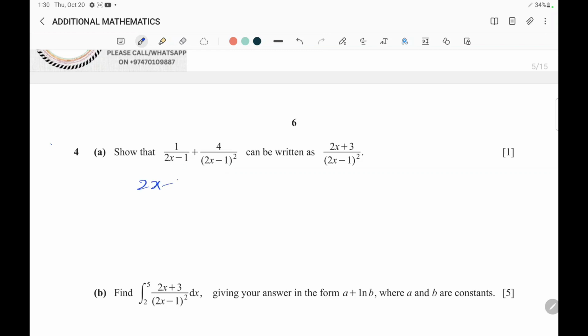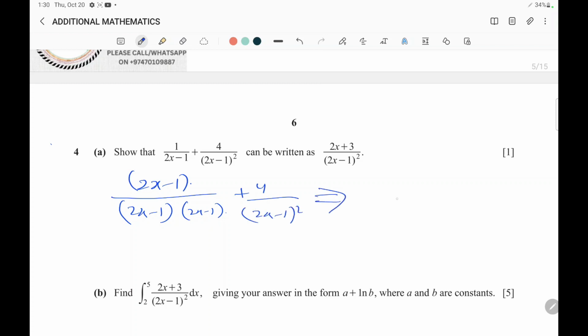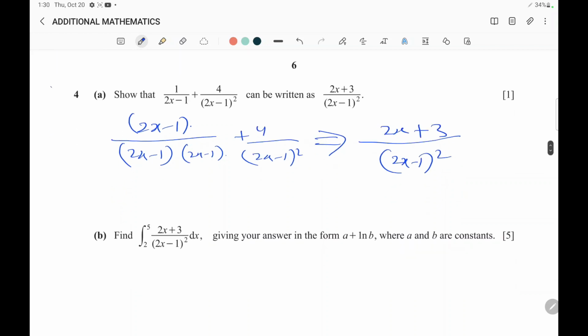So let us multiply 2x minus 1 here, and 2x minus 1 was already there, and this one extra, because the denominator will be whole square, and this is 4 over 2x minus 1 whole square. Now you know the denominator is the same. This is 2x minus 1 times 2x minus 1, so this is 2x minus 1 whole square, and the numerator part you can add. So that is 2x, and minus 1 plus 4, that is 3. Okay, so that is only for 1 mark.